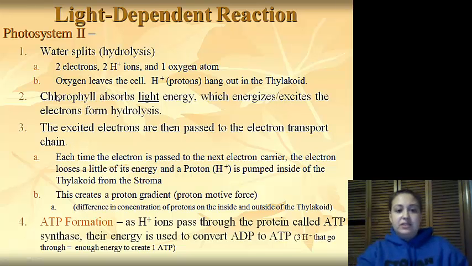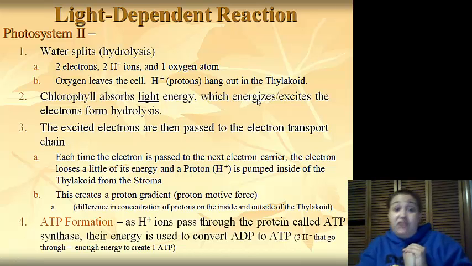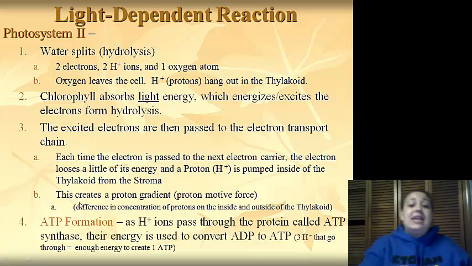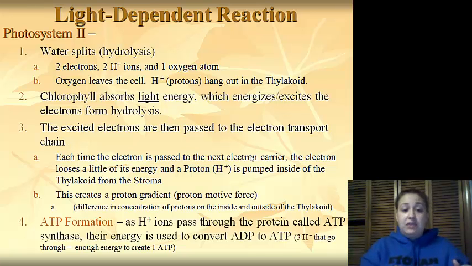Now these electrons: the chlorophyll absorbs the light energy and energizes, or excites, the electrons from hydrolysis. Those excited electrons are then passed through the electron transport chain, and each time they are passed to the next electron carrier, they lose a little bit of energy, and a proton, or hydrogen ion, is pumped from the stroma into the thylakoid.